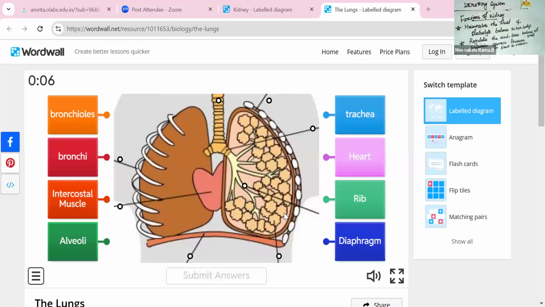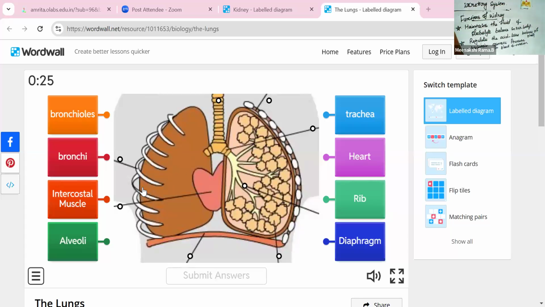Yes, this is the lungs. So in the lungs, what are the parts we know about? Bronchus, bronchi, intercostal muscle, alveoli, trachea, heart, rib and diaphragm.